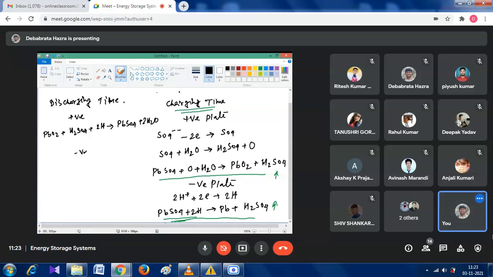And in the negative plate, Pb plus HSO4 minus radical, and it creates PbSO4 plus H plus 2 electrons.